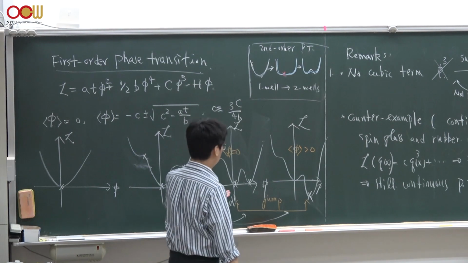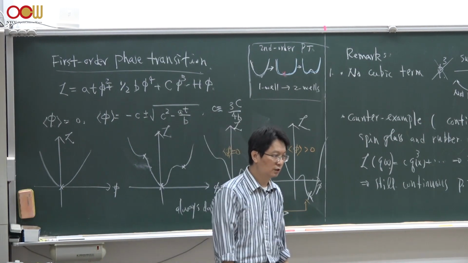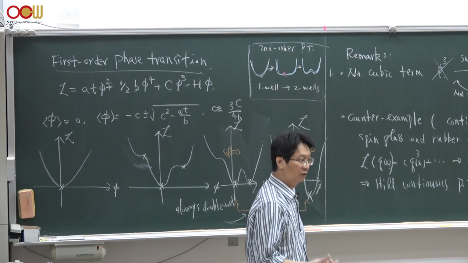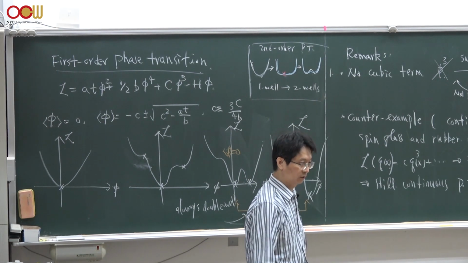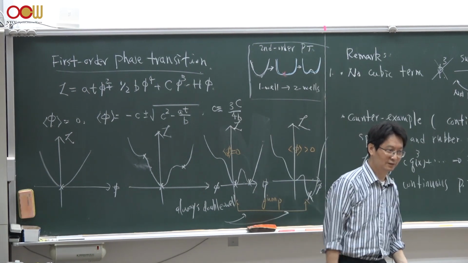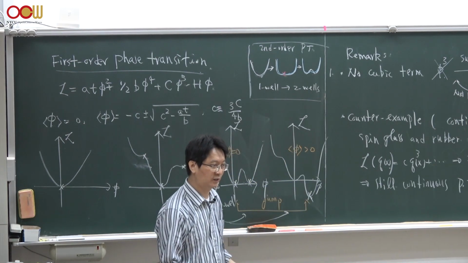But in the first order transition, it is not possible to tune the distance between these two minima so that you could continuously evolve from one minima to another global minima. It's not possible. You take it or leave it. You have only two choices, but they are disconnected.